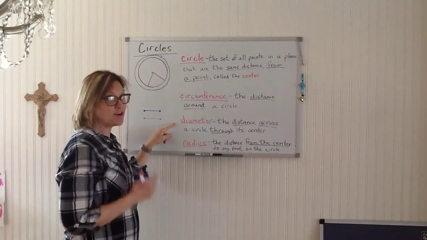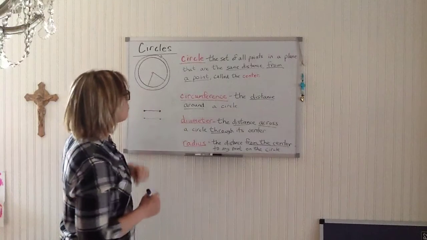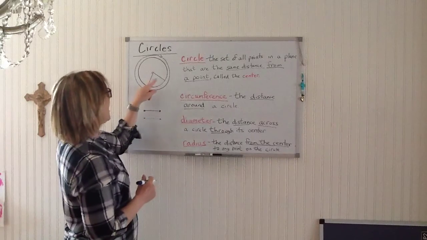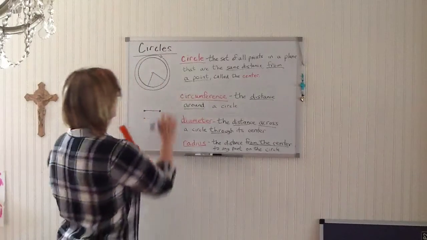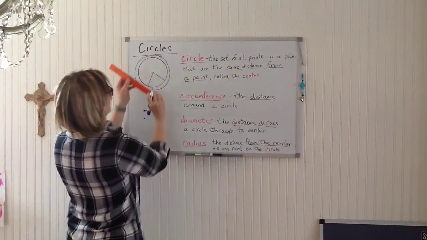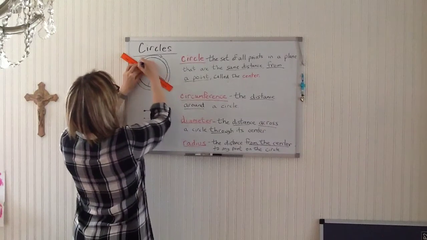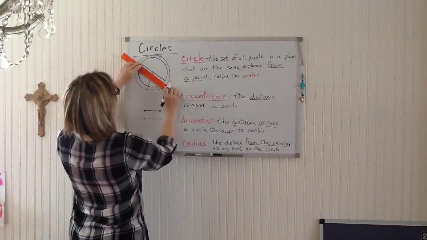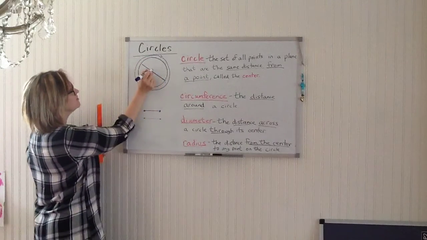The diameter, I'm sure you guys have all heard of diameter. It's the distance across a circle, but you actually have to go through the center. So I'm going to extend this segment here through the center of the circle, and then that is my diameter. Okay, so this here is my diameter.